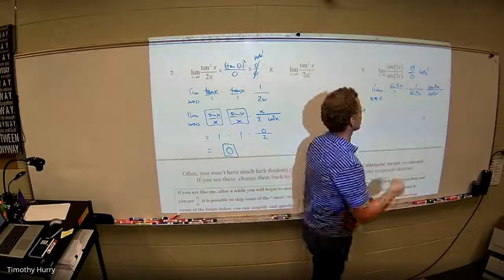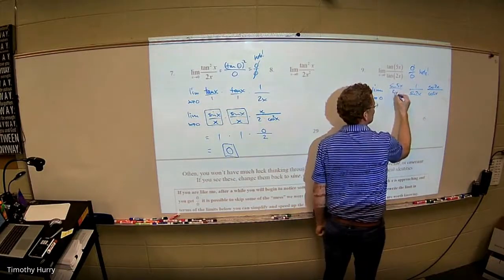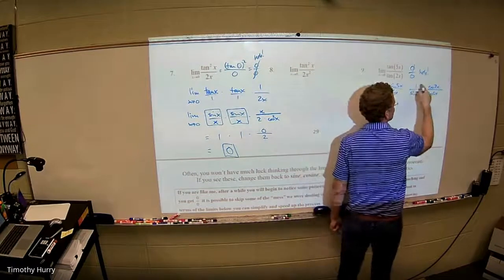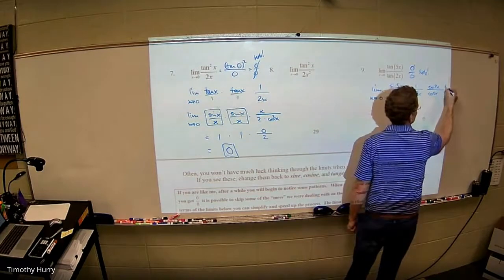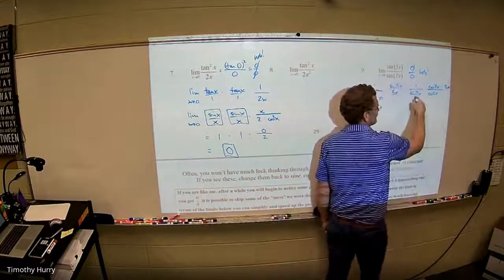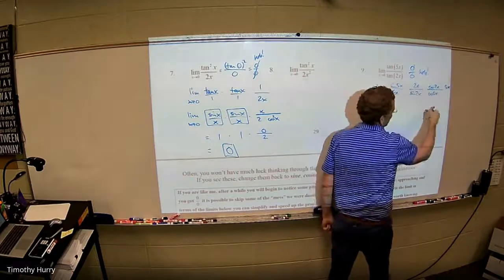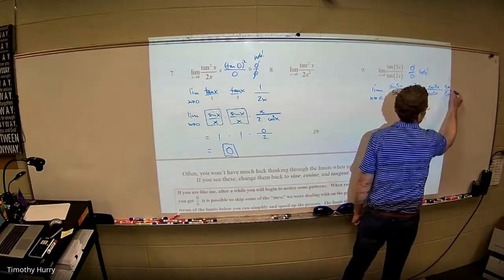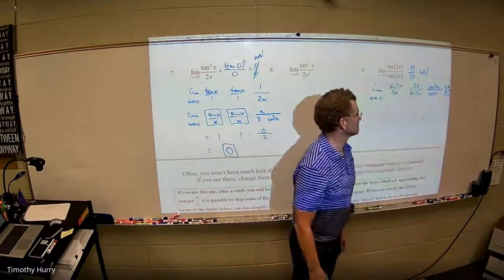Well, I need a 5x there, so I'm going to multiply 5x there, but I've got to have a 5x on the top too, so I can put a 5x on the top. And then I need to have a 2x there, which means I'm going to have a 2x on the bottom, so I'm going to put a 2x on the bottom there. And while I'm at it, I can cancel those out because I don't need those.